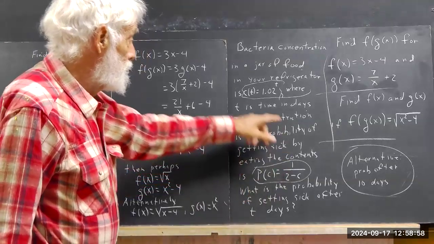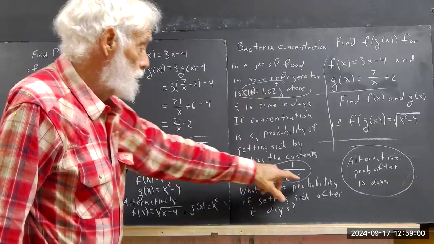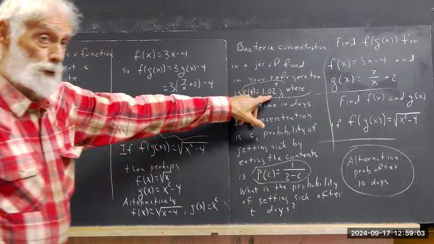P of C equals this, C of T equals this, so we can replace C by this expression.